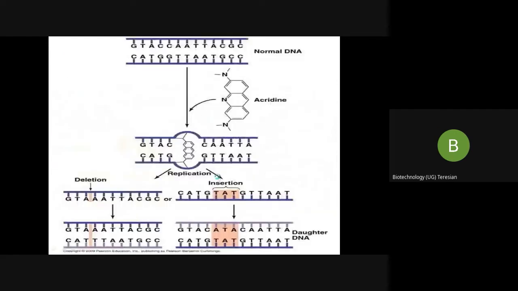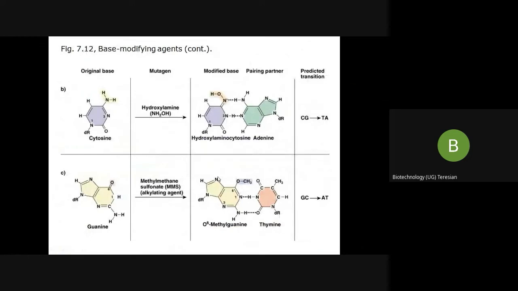Another is methyl methane sulfonate. This methane sulfonate interacts with the guanine to form methylguanine. This structure is similar to adenine and hence it goes and binds with the thymine. But the actual one should have been GC, and we have ended up with AT.